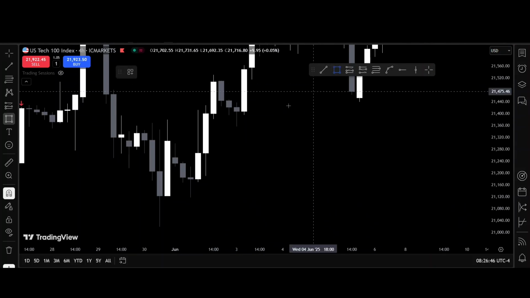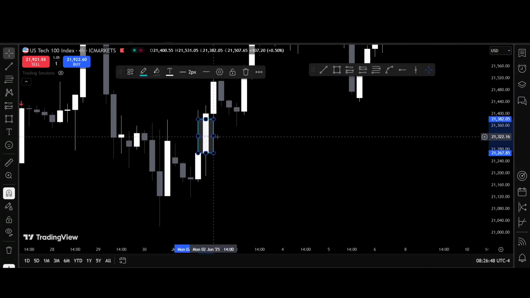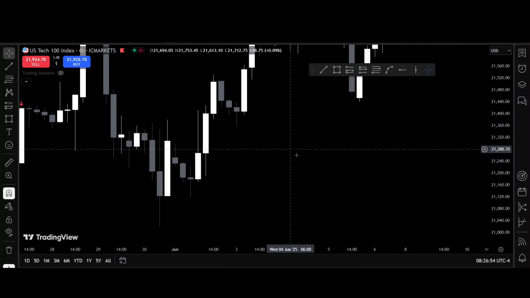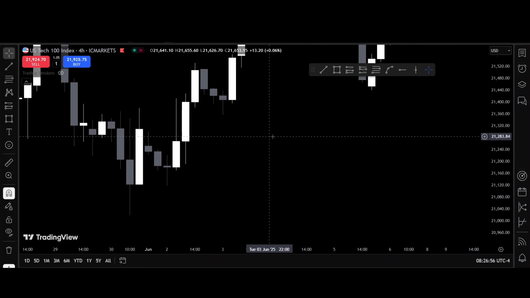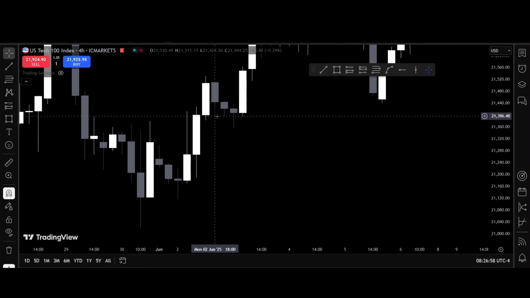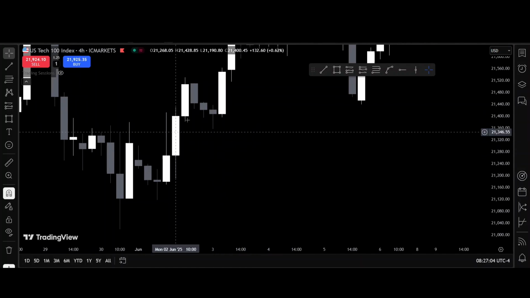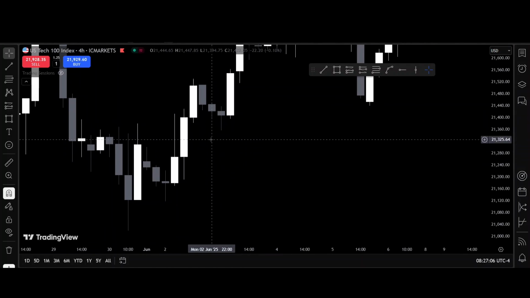This right here isn't a fair value gap. Why? Although it was a really bullish candle, as you can tell, the wicks overlap with the third candle's wick, and there's no imbalance formed. That's why it's not a fair value gap.